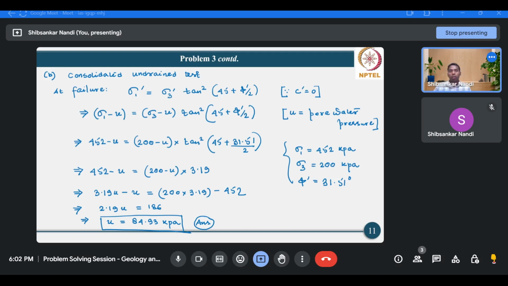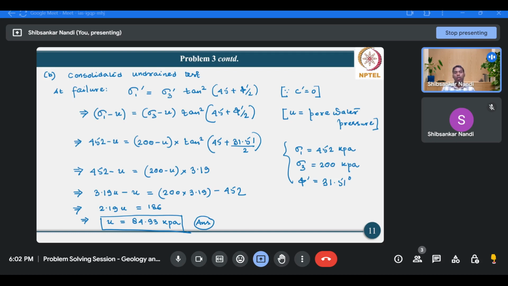Okay, so in this way we can also determine the pore water pressure, which is developed inside the soil sample in the consolidated undrained test, if we know the total stress conditions pertaining to the failure condition, and if we know the drained shear strength parameters. Please keep in mind that we should know the drained shear strength parameters, not the undrained parameters, that is phi u and cu.